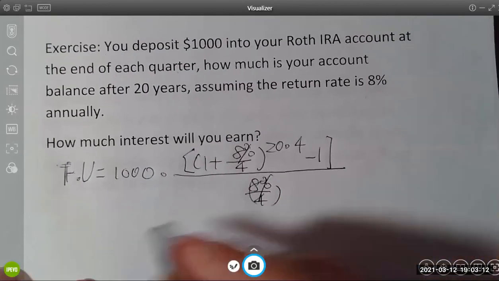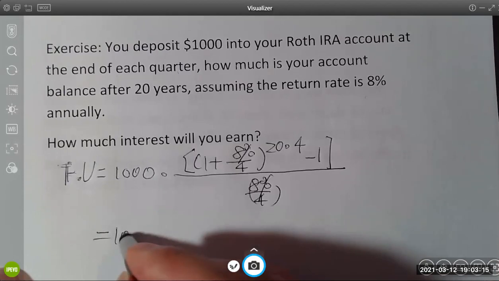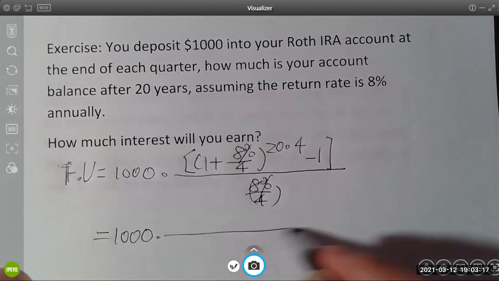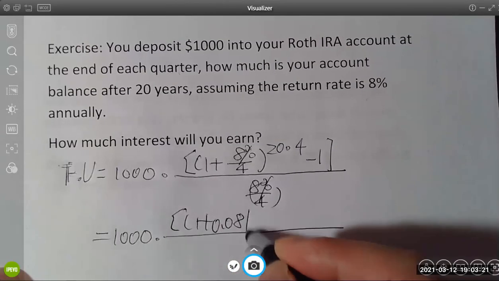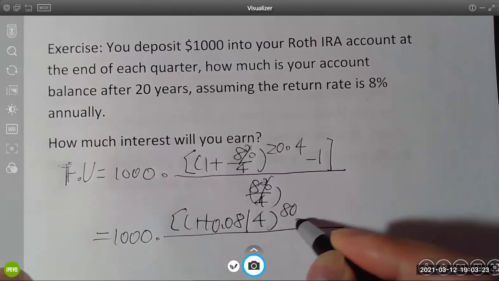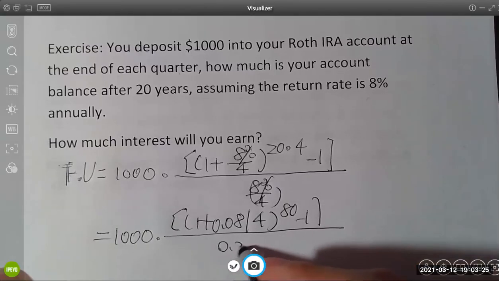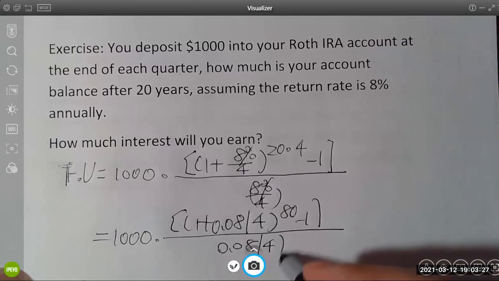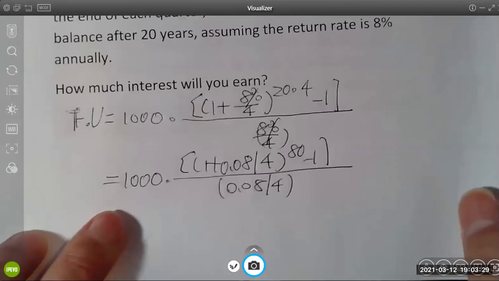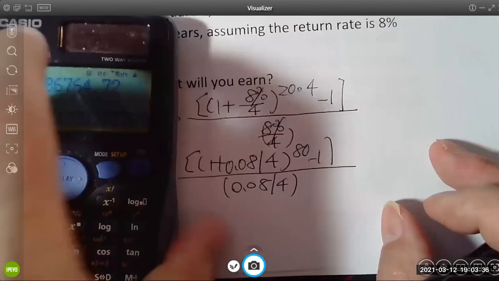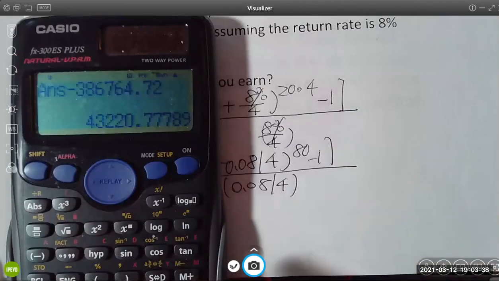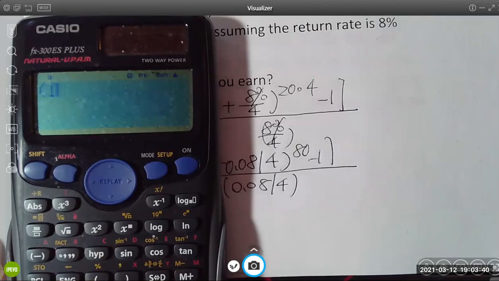And write it one more time. 1 plus 0.08 over 4, to the power of 80, minus 1, divided by 0.08 over 4. Okay. Parentheses, 1 plus 0.08 over 4.